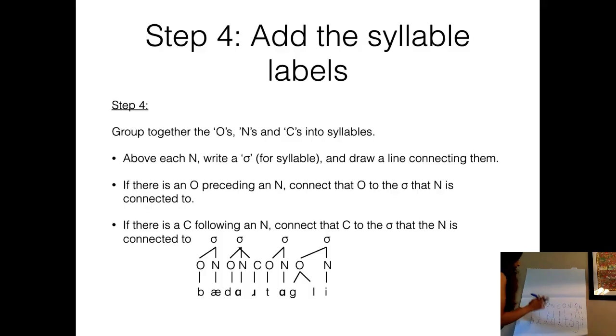So the way we do it is we identify onset and nucleus together, combine them like that. Here we have an onset, nucleus, and coda. So we combine them together like that. We combine these 2 together and these 2 together. And then we write this syllable symbol, which is written like this.